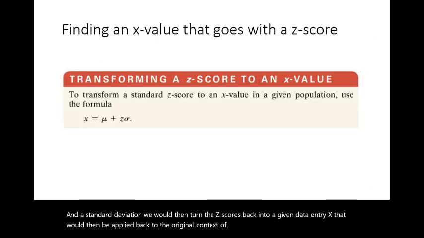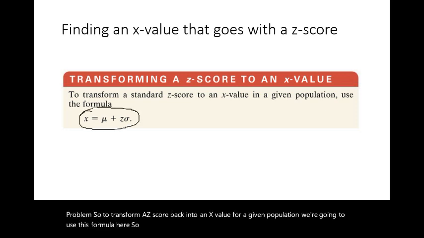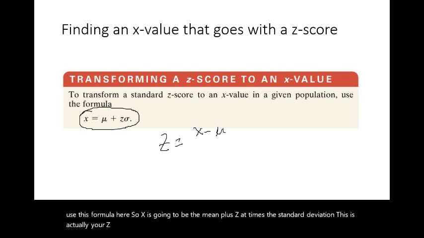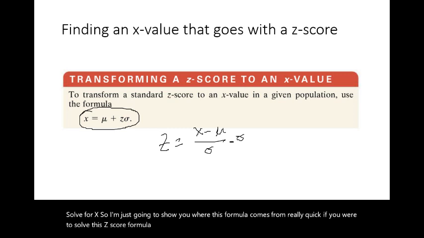So to transform a Z-score back into an X value for a given population, we are going to use this formula here. X is going to be the mean plus Z times the standard deviation. This is actually your Z-score formula solved for X. So I'm just going to show you where this formula comes from really quick. If you were to solve this Z-score formula for X, first you would multiply both sides by sigma.